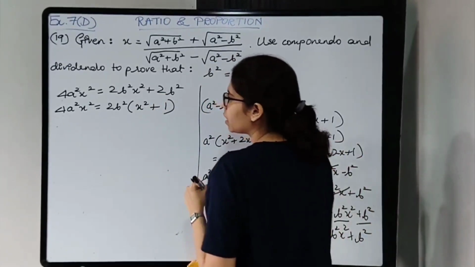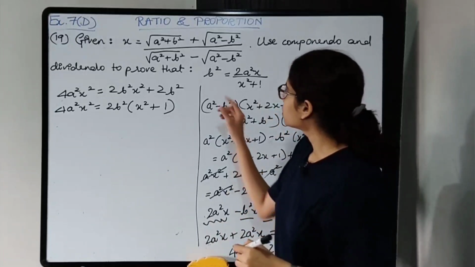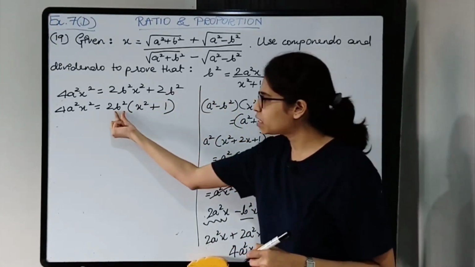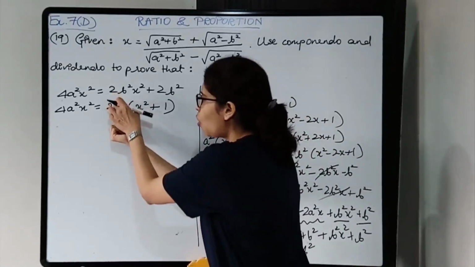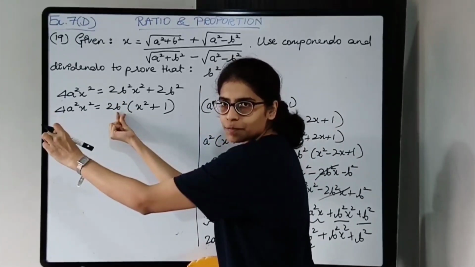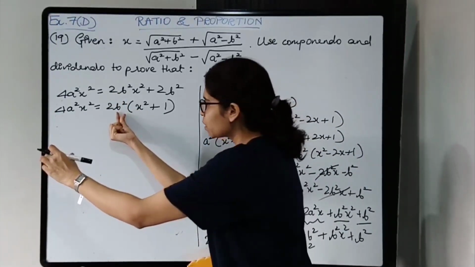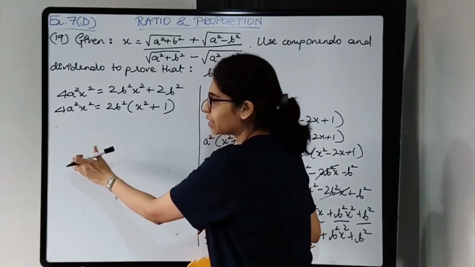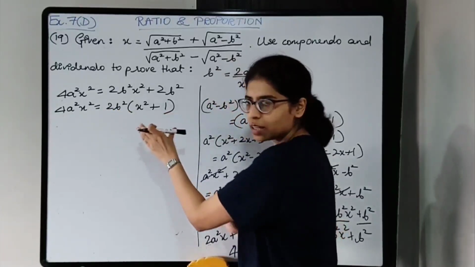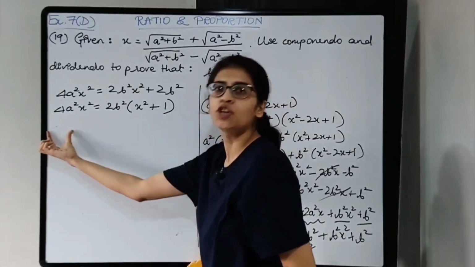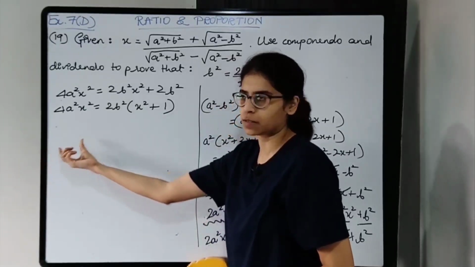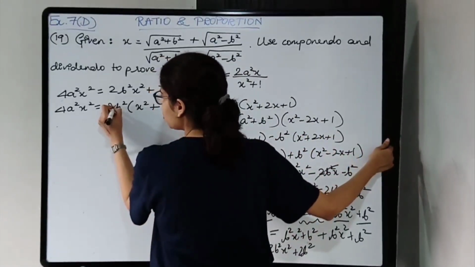Okay, now I have b square alone. B square alone, so we'll keep b square as it is and rest all we'll shift on the other side. So we'll shift 2 also on the other side and x square plus 1 also on the other side. So 2 into x square plus 1 we'll shift, so it will go in denominator. Here in numerator, when you shift it will go in denominator, because there is a multiplication sign over here.